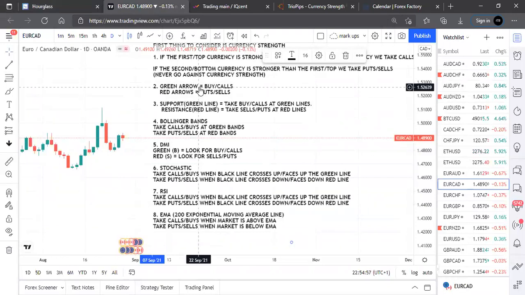RSI: we are taking calls or buys when the black line crosses up or faces the green line, and we are equally taking puts or sells when the black line crosses or faces down the red line. You can see it's the same thing as the stochastic, the 6 points. So if you've written down the 7th one, drop done in the chat.